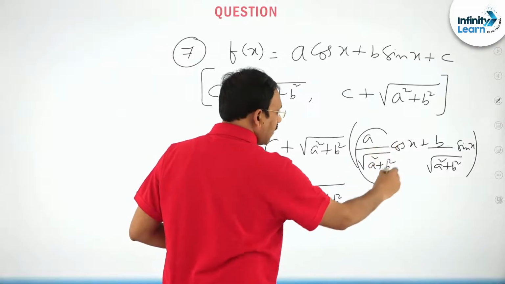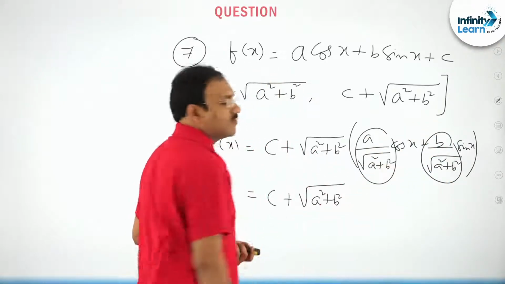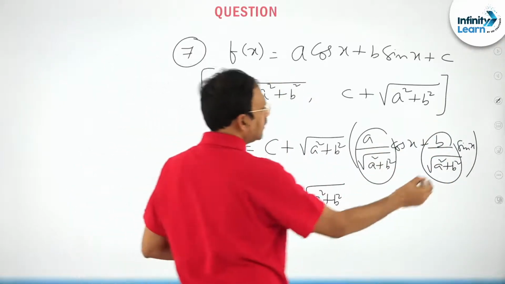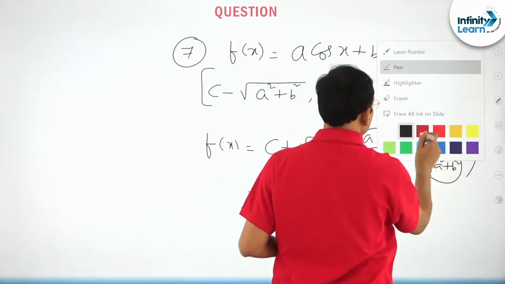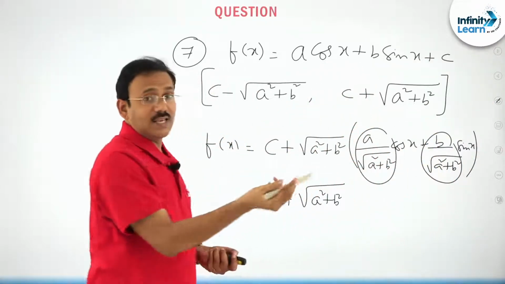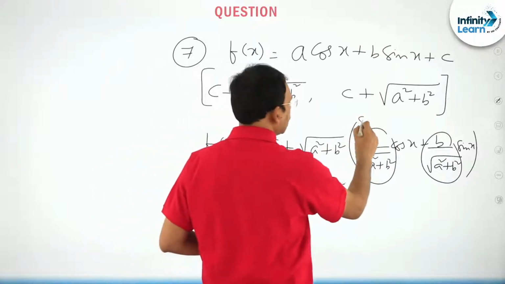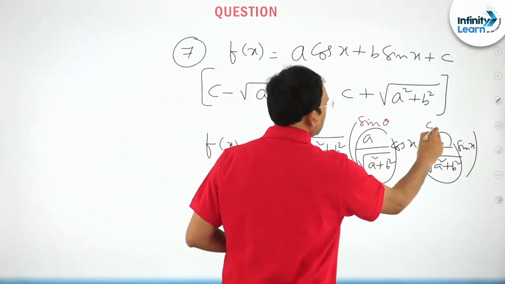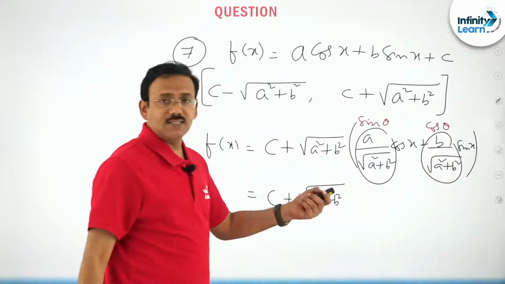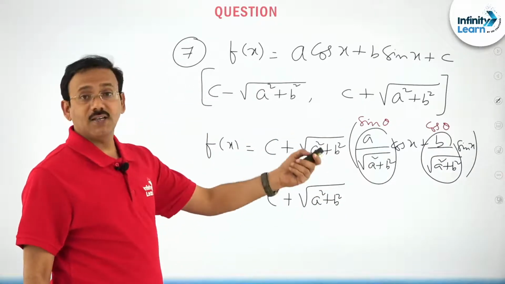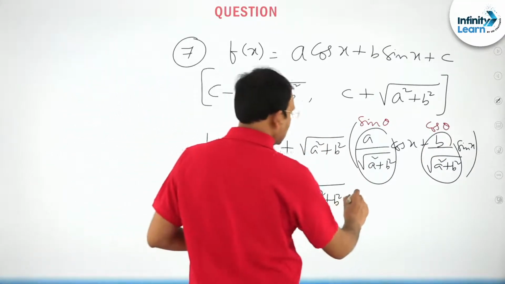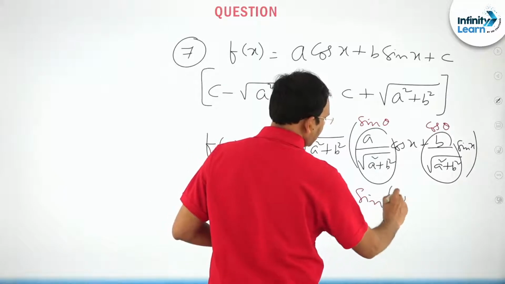These are two numbers such that sum of their squares is 1. So there exists some constant theta such that one is sin theta, other is cos theta. So suppose this is sin theta, this is cos theta. So now it is like sin a cos b plus cos a sin b. So you can write sin of theta plus x.